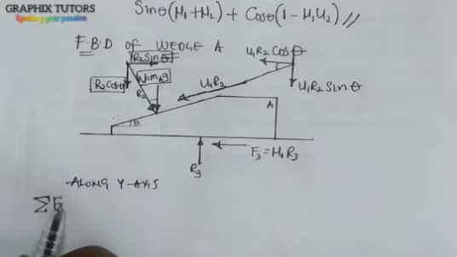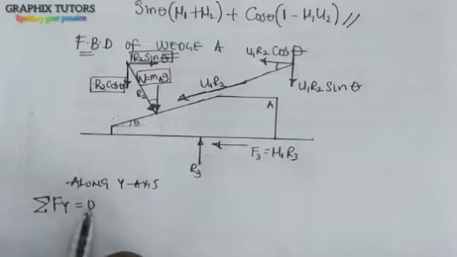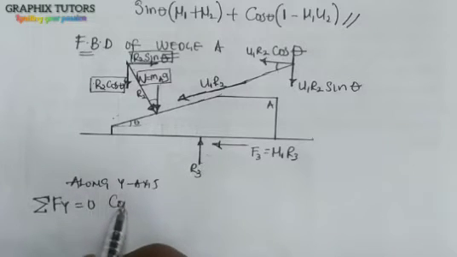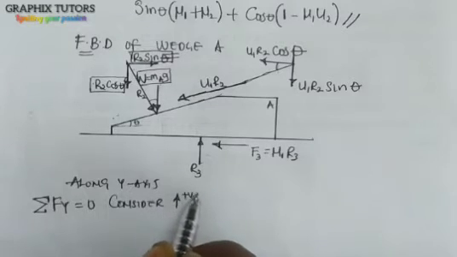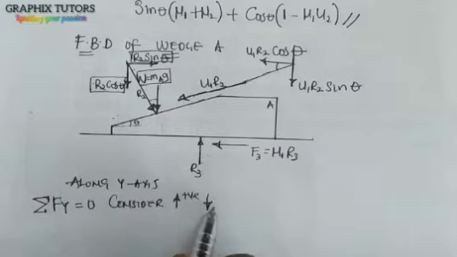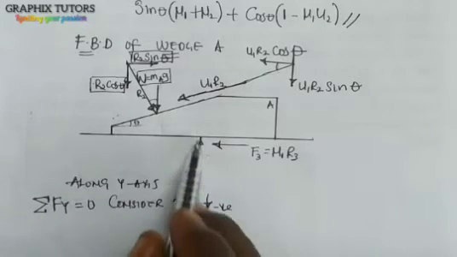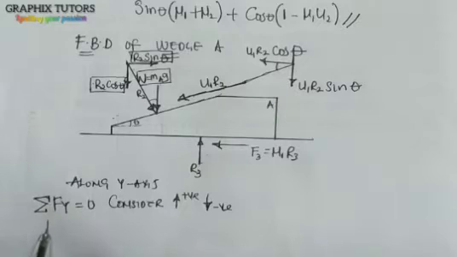Of F of y equals to what? 0, where we want to consider the upward force to be what? Positive, and the downward force to be what? Negative, right?